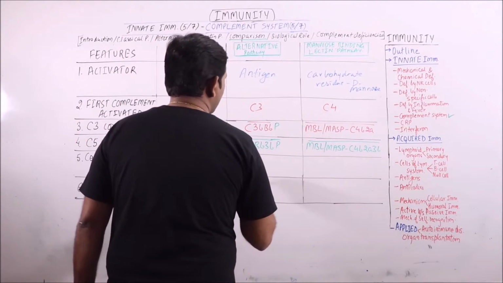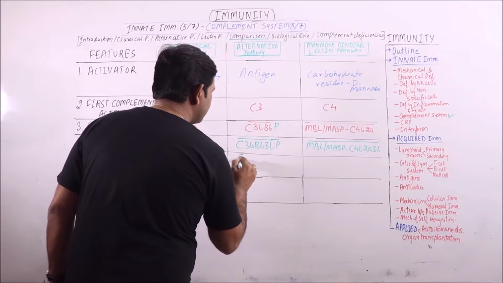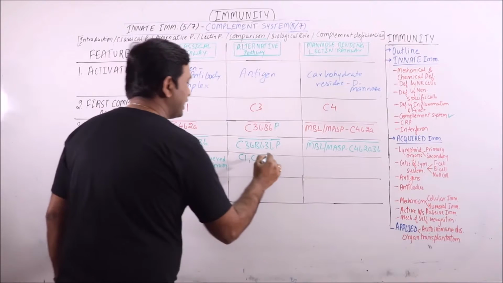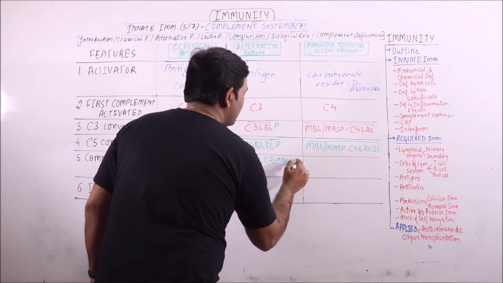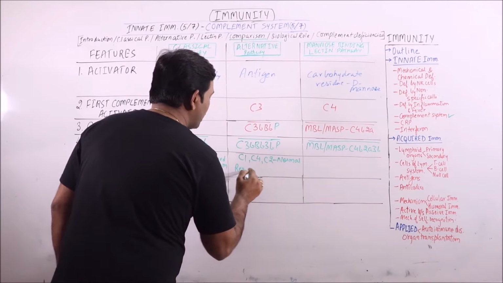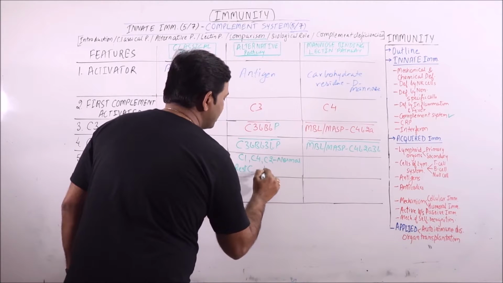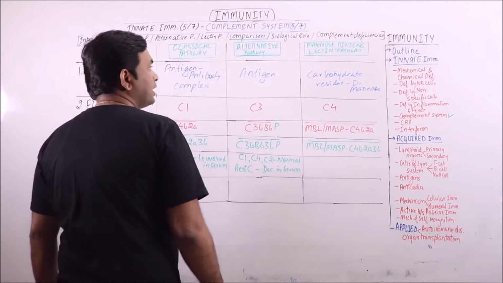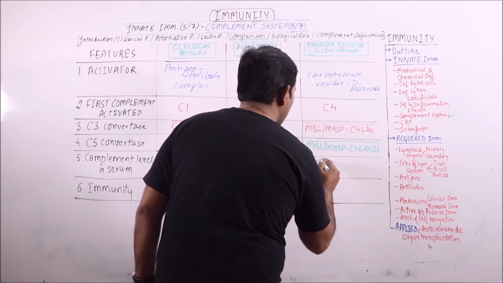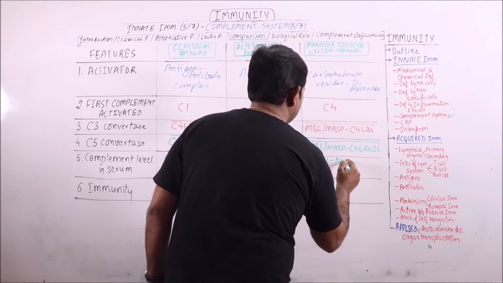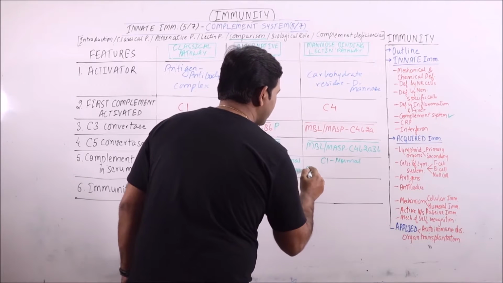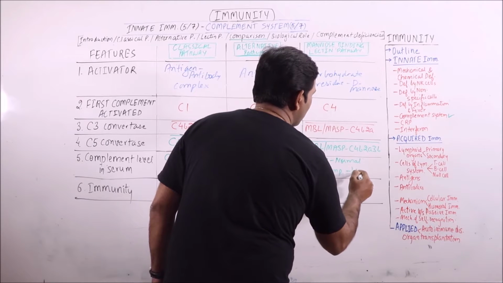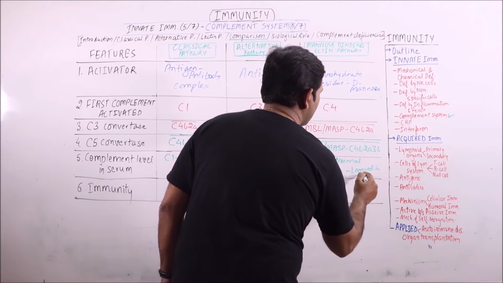In alternative pathway, as C1, C4 and C2 are not utilized, so these will remain normal, while rest of complements are decreased in serum. In case of mannose binding lectin pathway, only C1 remains normal because it is not consumed, while rest of complement proteins are lowered in serum.